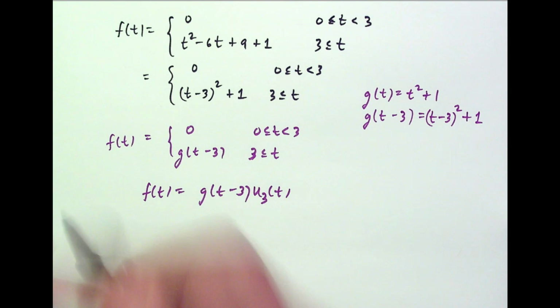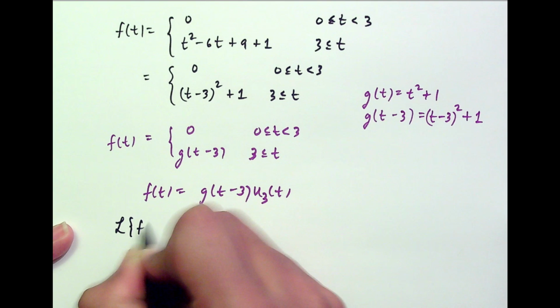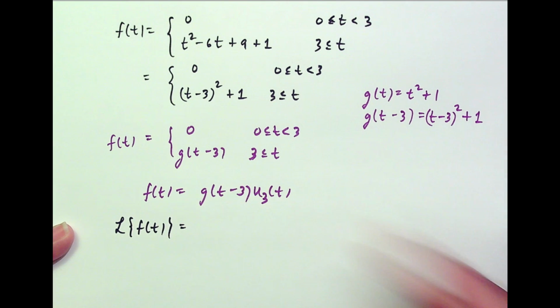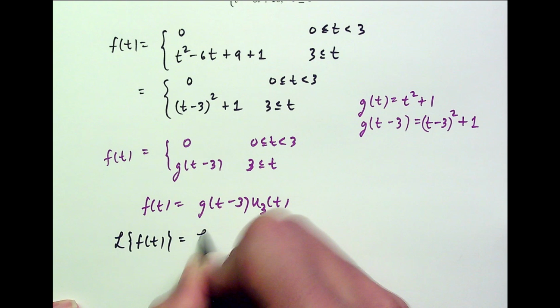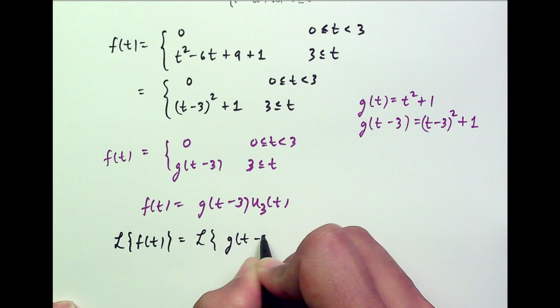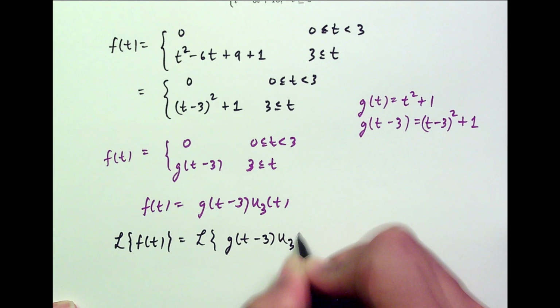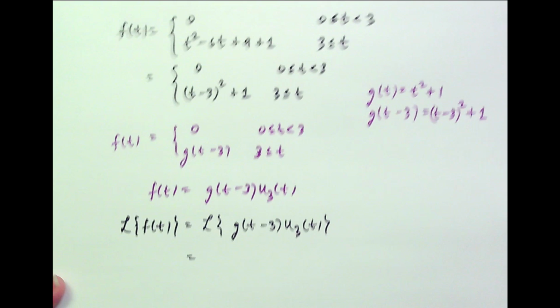So now, find the Laplace transform of f of t. Put an L on both sides. This is the Laplace transform of g of t minus 3 times u3 of t. Now we can use the formula.